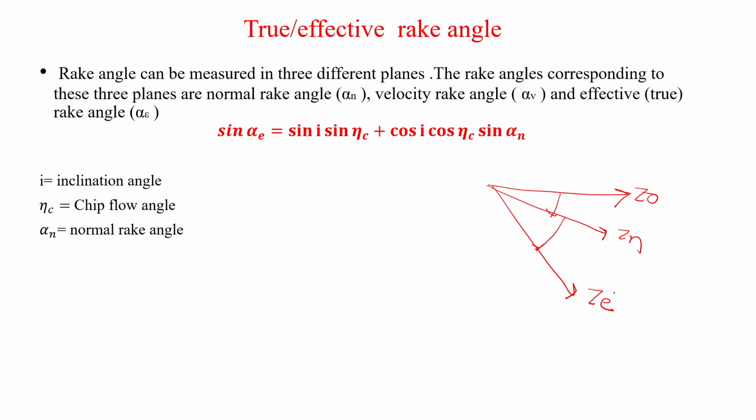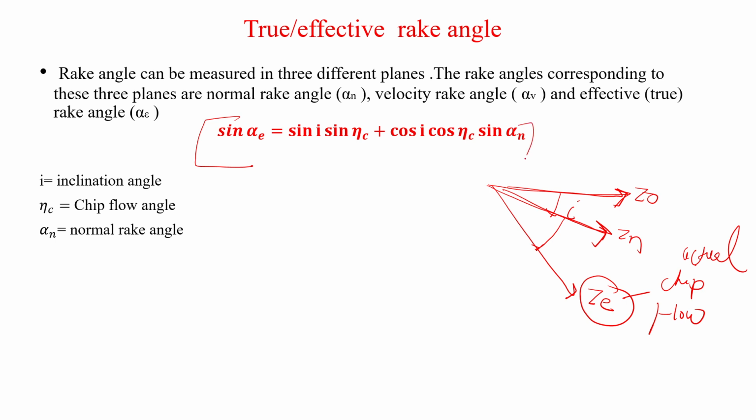This Ze is the actual plane where the chip flows, because of the various chip deviation effects we have discussed. So this angle is what? The inclination angle, the angle from the Z0 orthogonal plane to the normal plane.